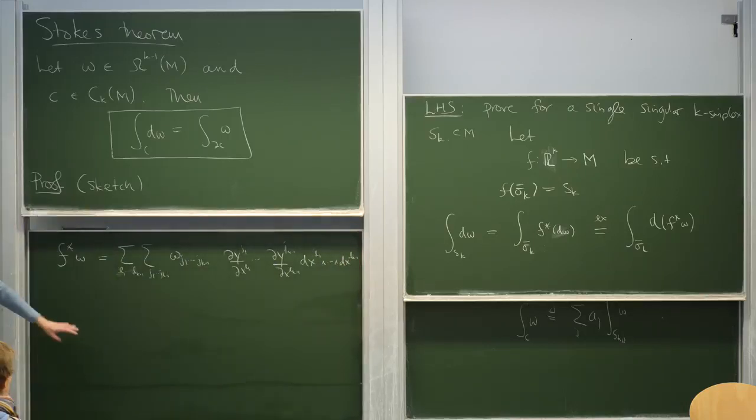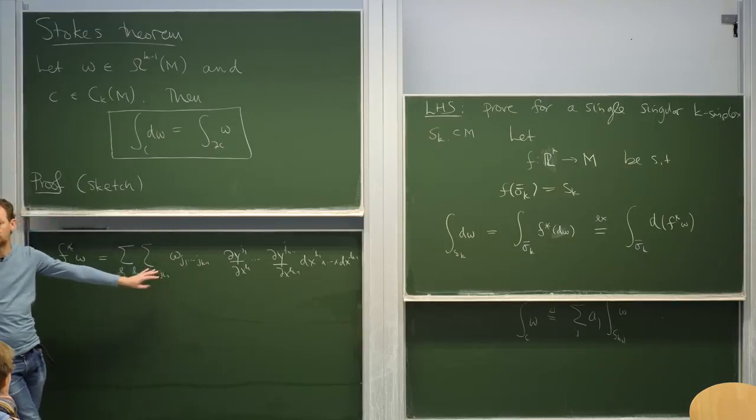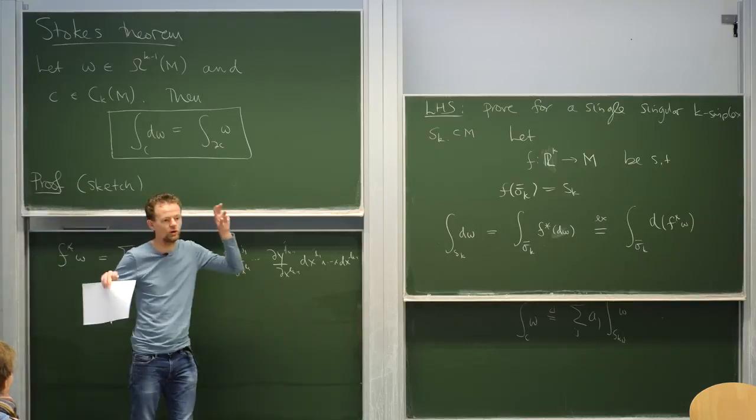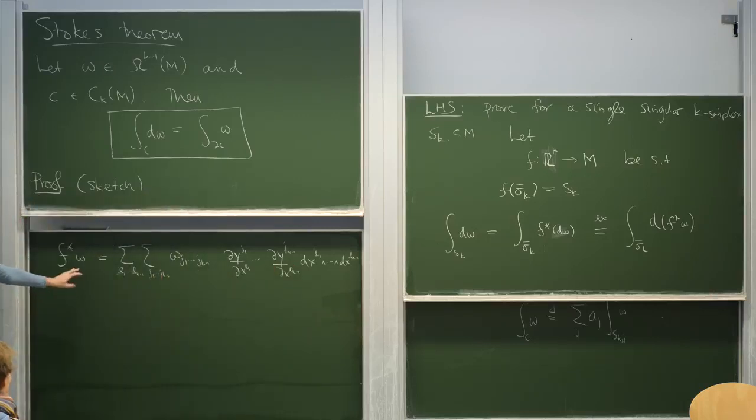Okay, so that's what the pullback of a k-1 form looks like in coordinates. You just hit it with the inverse Jacobian everywhere.